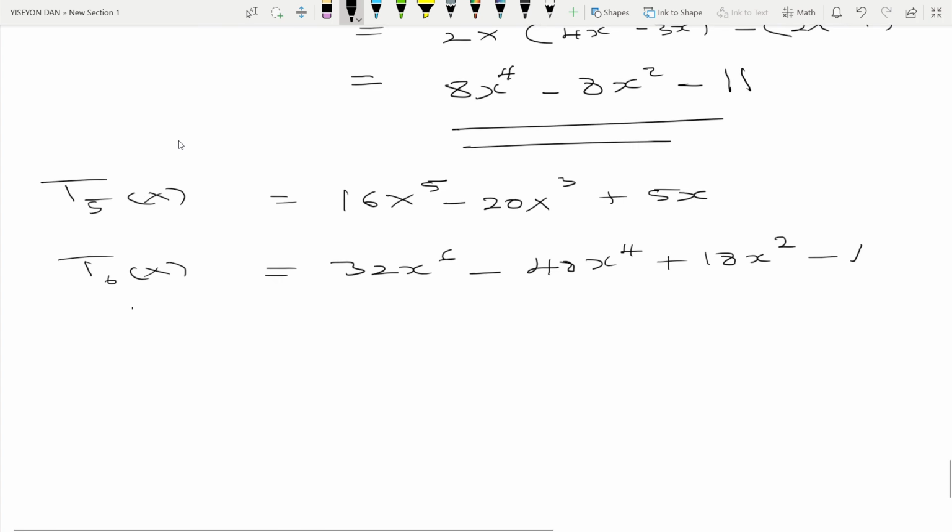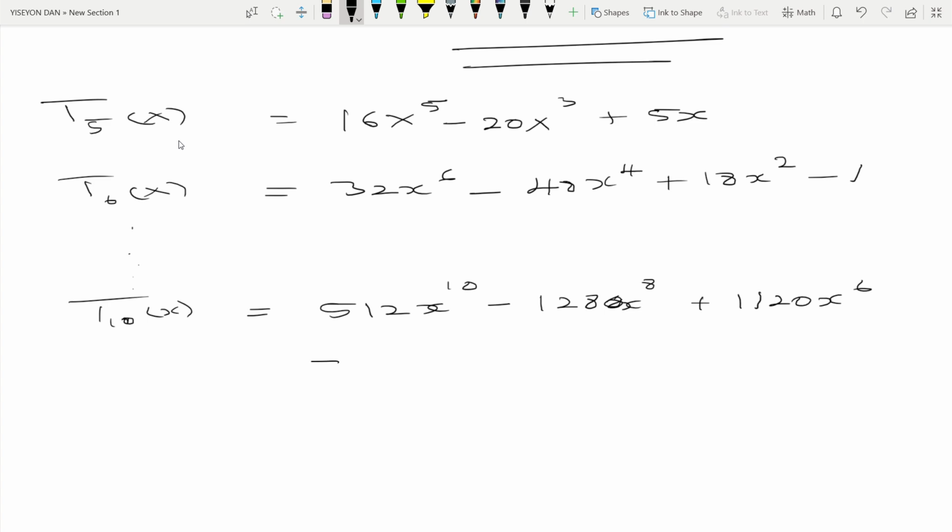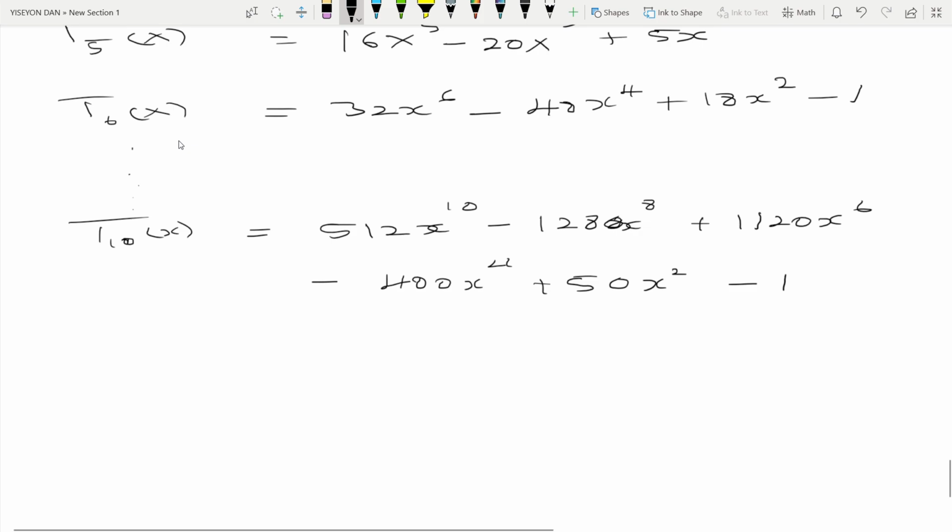Now we keep doing this down to T10. So T10 of x is going to be 512x raised to the power 10 minus 1280x raised to the power 8 plus 1120x raised to the power 6 minus 400x raised to the power 4 plus 50x raised to the power 2 minus 1. So that's T10 for you.